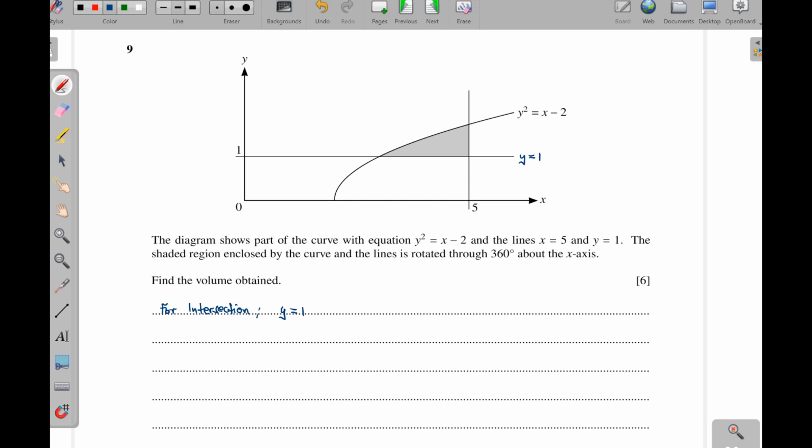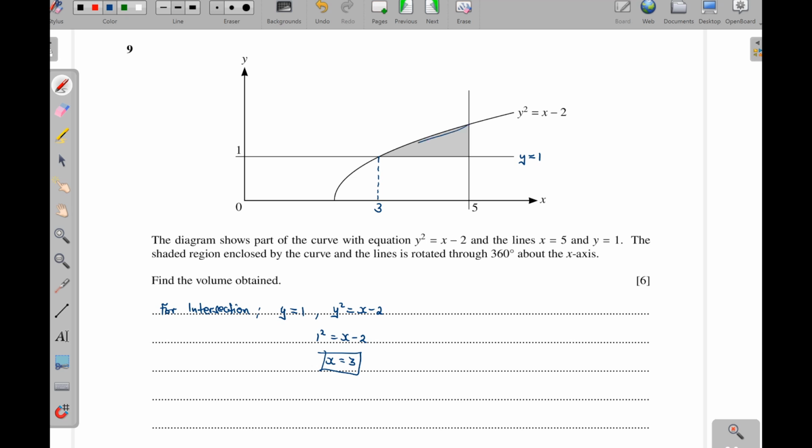Then we also have y squared is equal to x minus 2. So what do we have here? 1 squared is equal to x minus 2. So that means x is equal to 3. As simple as that. So this one here is going to be a 3.